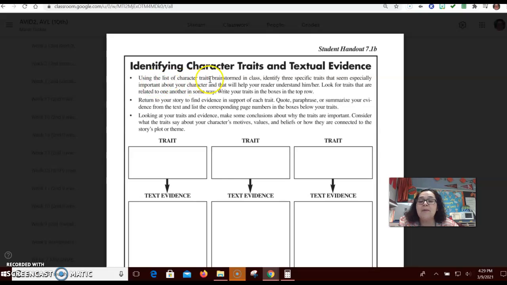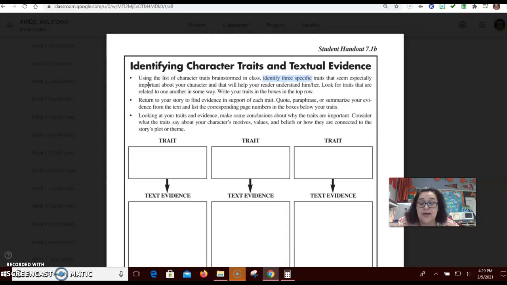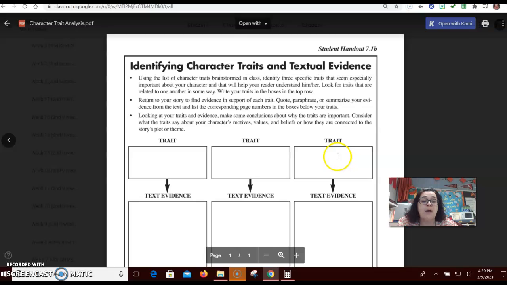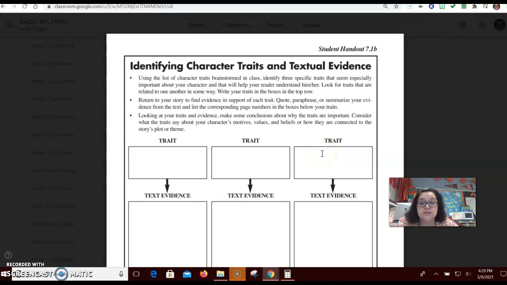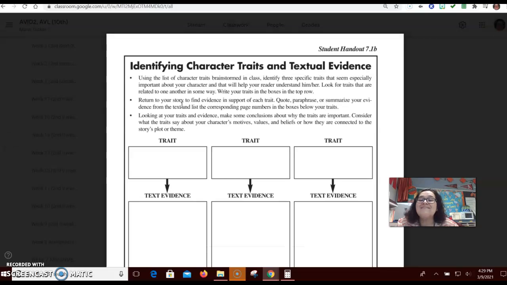But once you come up with that list, you're going to identify the 3 specific traits that seem especially important about your character, okay? You're going to put the first trait in this box, second trait in this box, third trait in this box, okay? Then go back to your story and find specific evidence.